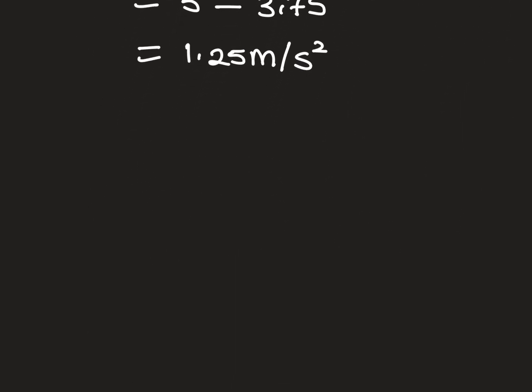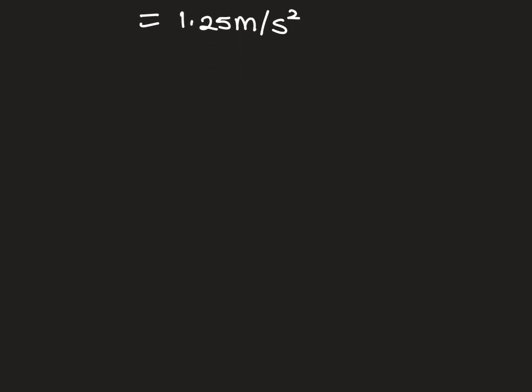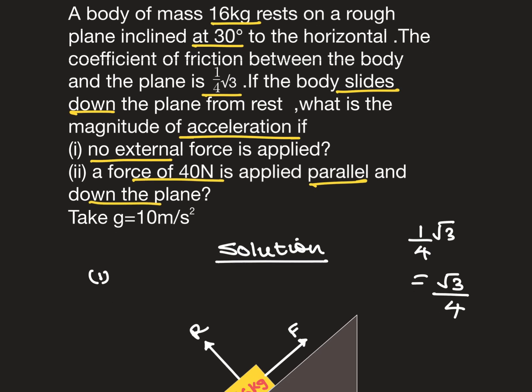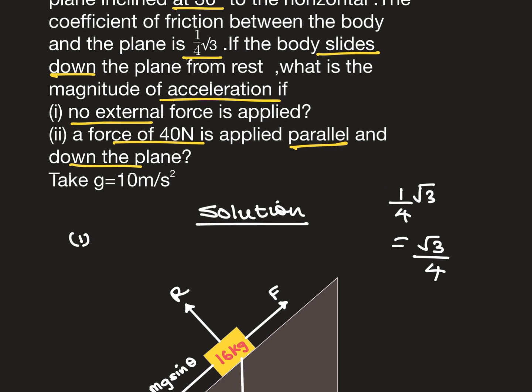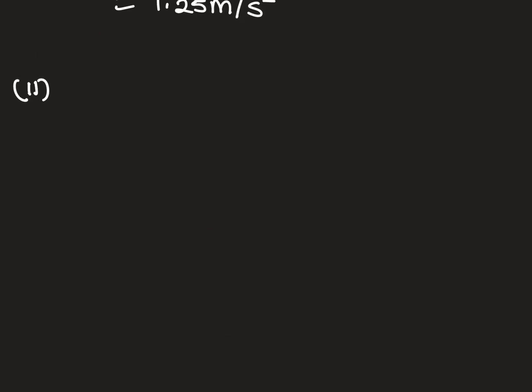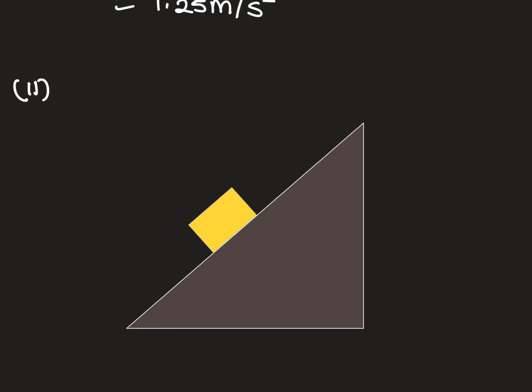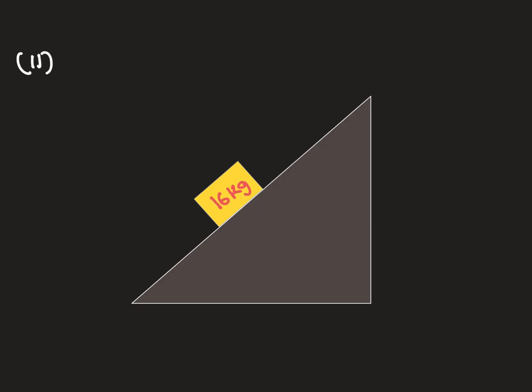Moving on to the second question, we want to find the acceleration when a force of 40 newtons is applied parallel and down the plane. Let's draw a diagram for that. Again, we have our diagram here. It is a body of mass 16 kilograms on a rough plane inclined at 30 degrees to the horizontal.